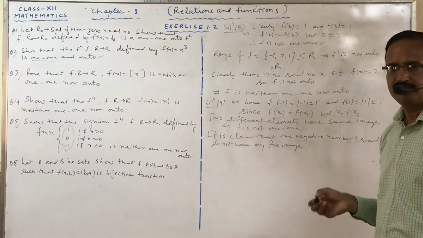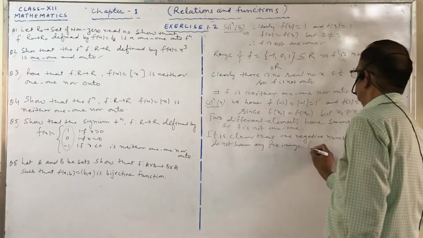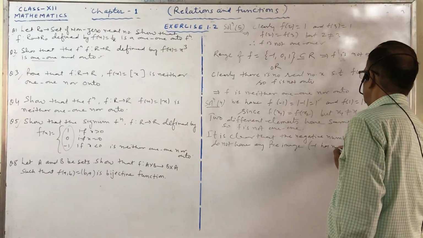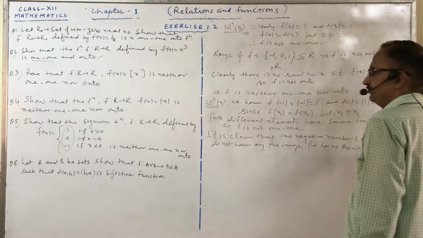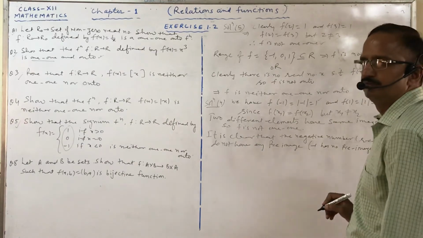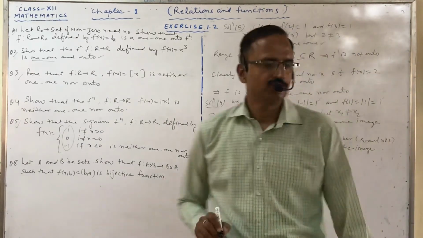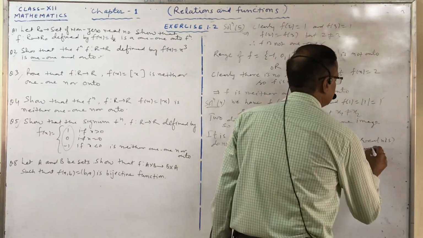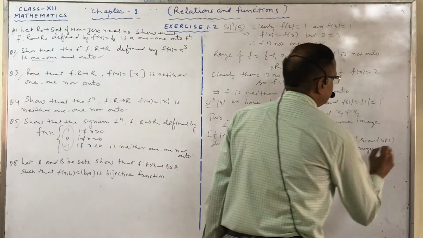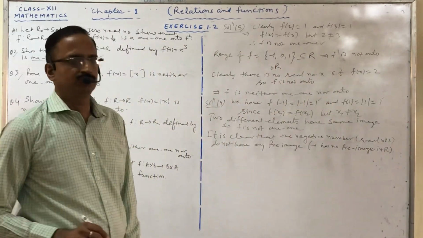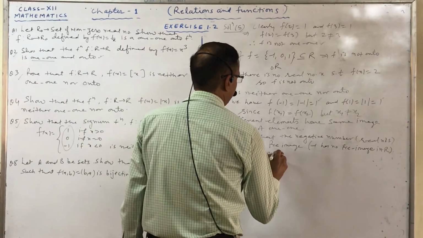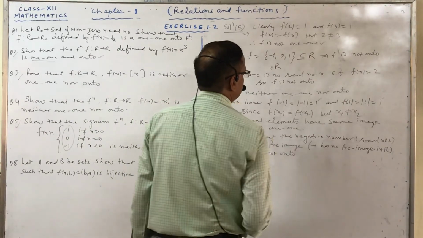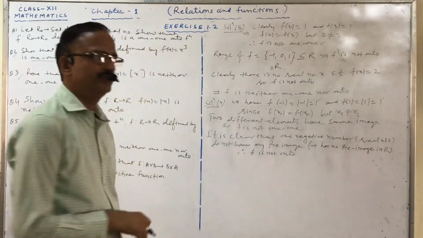For example, -1. -1 has no pre-image in R. So, therefore, f is not onto. f is not one-one. f is not onto.